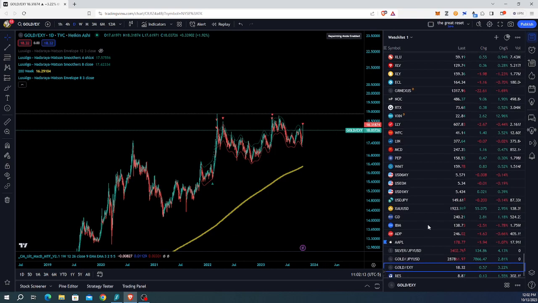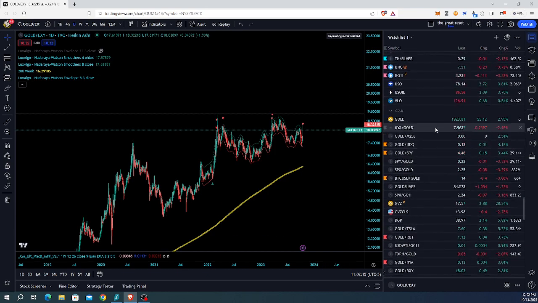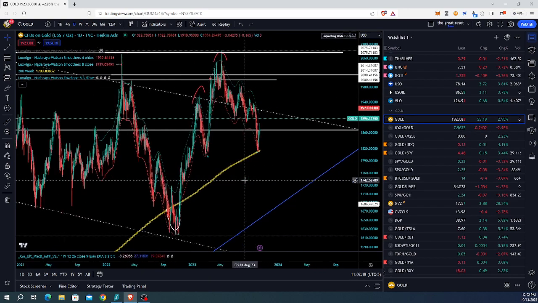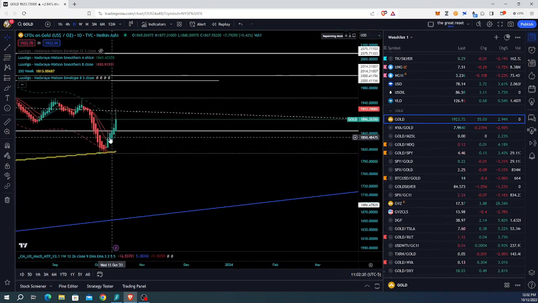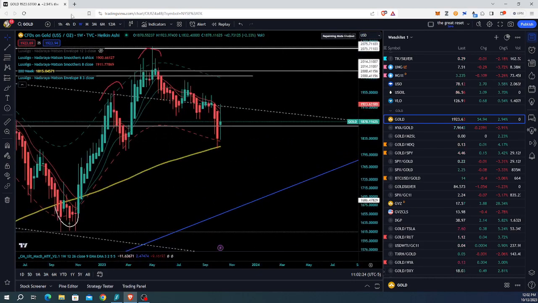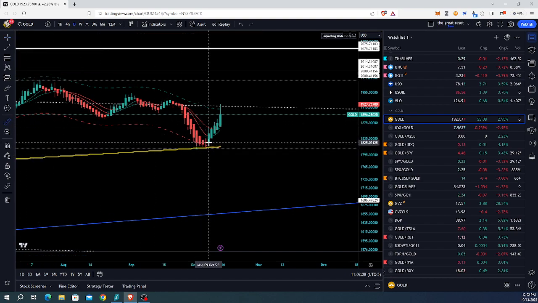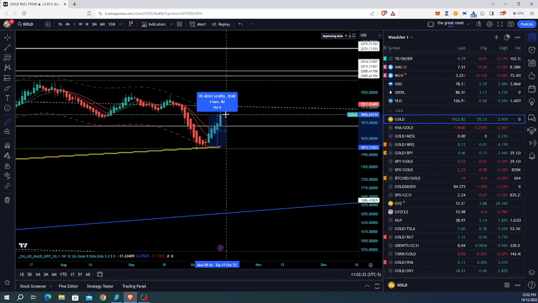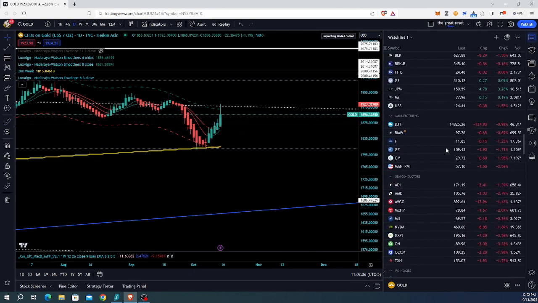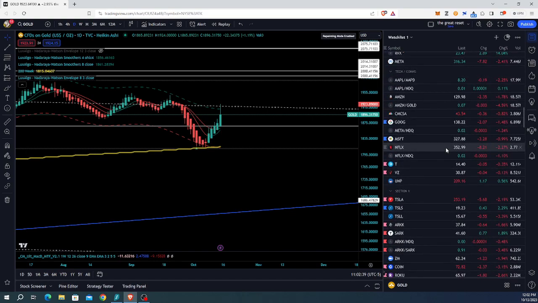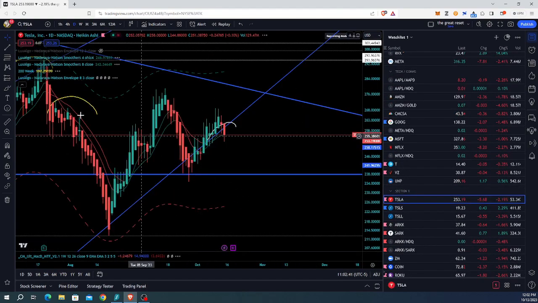If we look at today specifically, Friday the 13th, we can see gold's up about 3% on the day, and we got some huge candles upwards. If we look at the daily, here's Monday, so here's the week, up 4.5% on gold. And let's just look at Tesla.